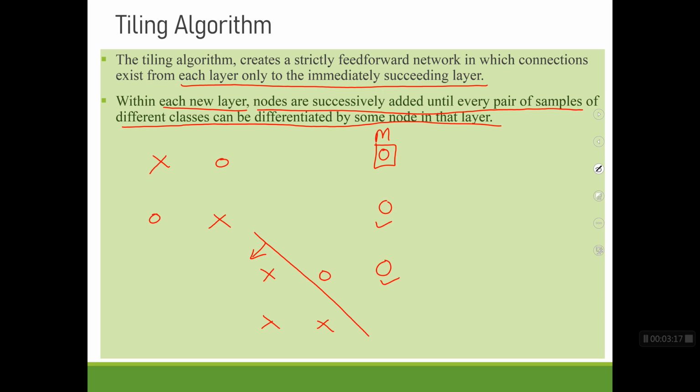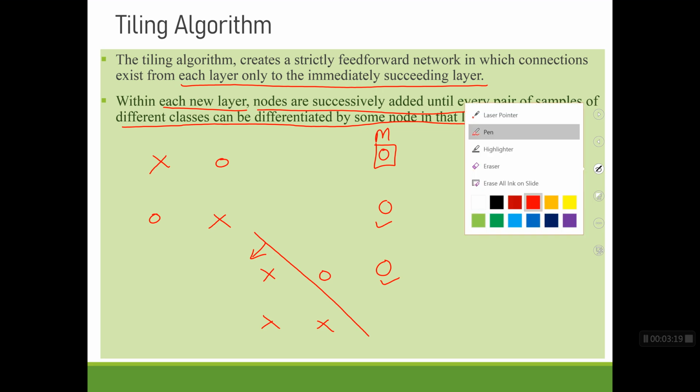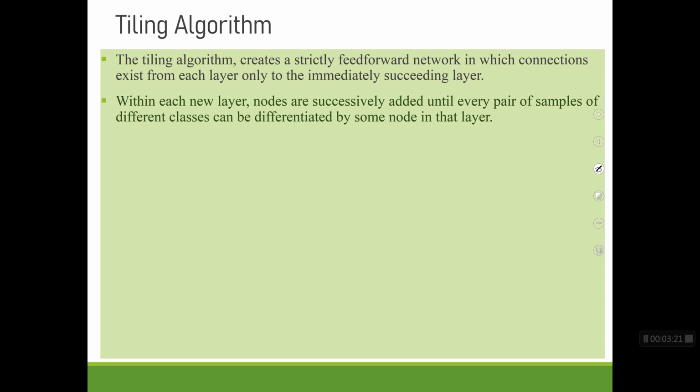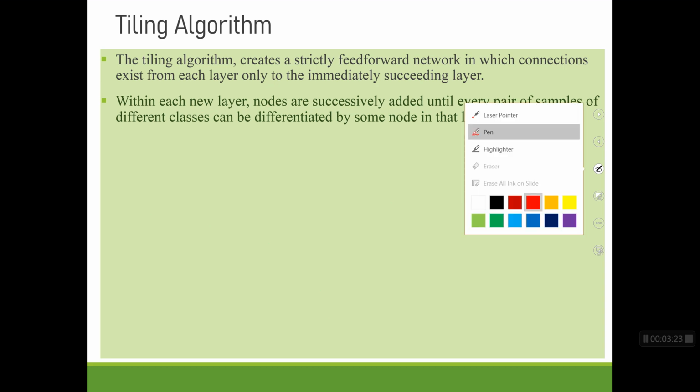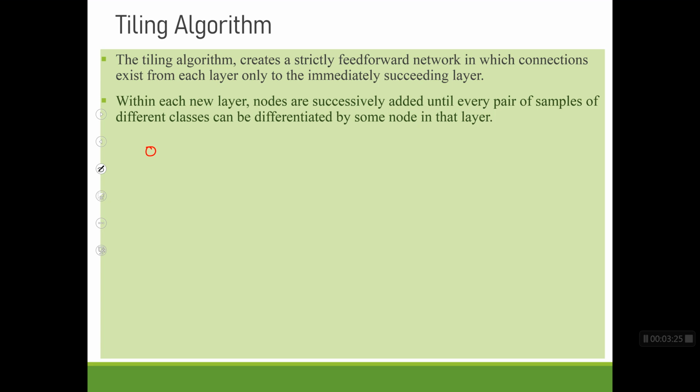But in case of an XOR problem, it is a non-linearly separable problem wherein it is not possible for me to separate the patterns from class 1 and class 2 just by using one line.